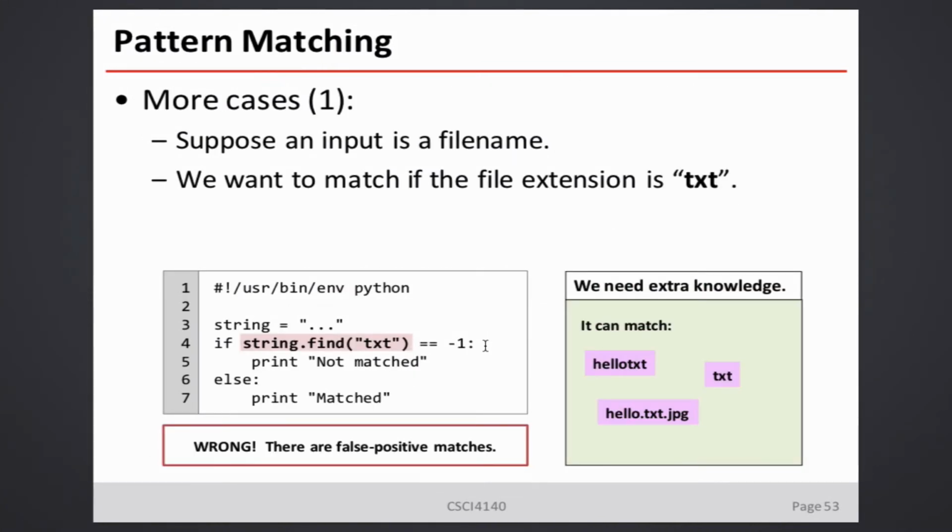What is another thing? My goal changed a bit. I don't want to look for OK, but I want to look for a set of file names. You supply me a set of file names, and I want to look for files with an extension txt. This is not a joke.